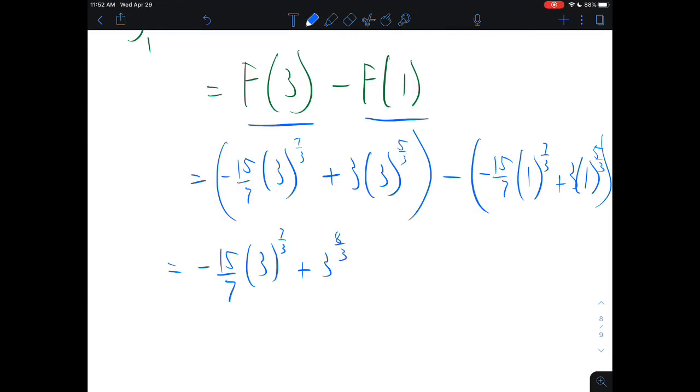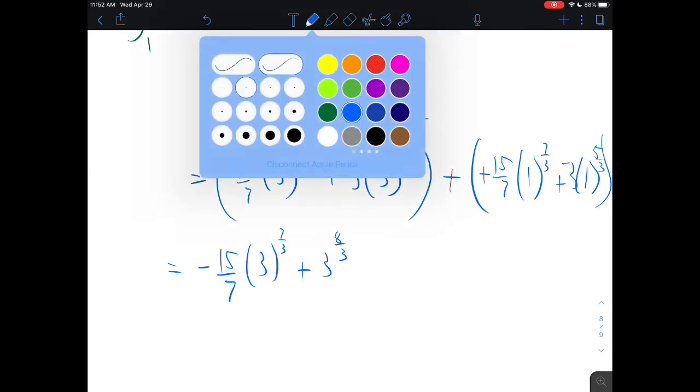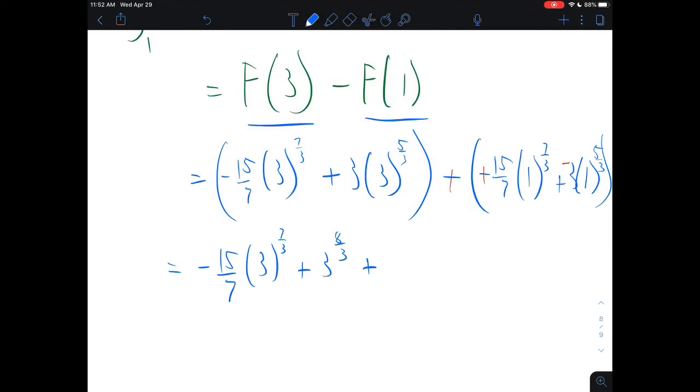And then subtracting, that gives me plus 15/7 times 1^(7/3), which is just 15/7. And then minus 3 times 1^(5/3), that's minus 3.